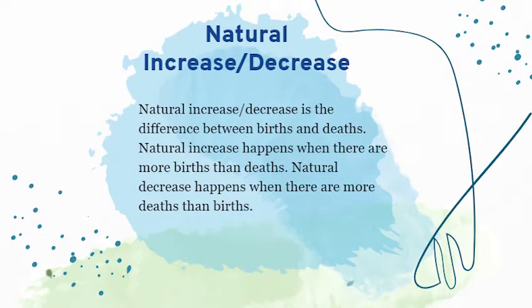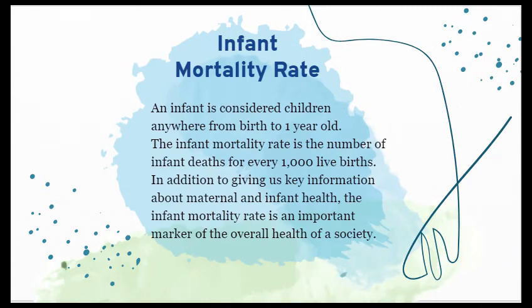Now let's talk infant mortality rate. Now, an infant is considered children anywhere from birth to 1 year old. So it's important to get what an infant is out of the way. Now, the infant mortality rate is the number of infant deaths for every 1,000 live births.